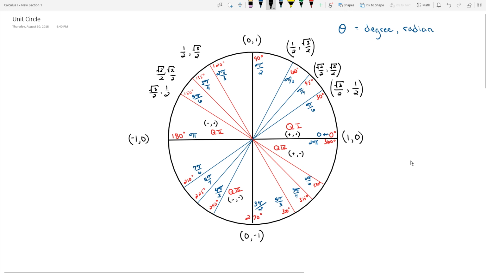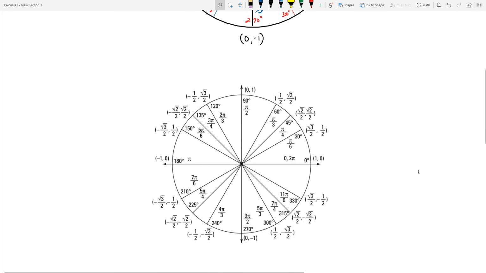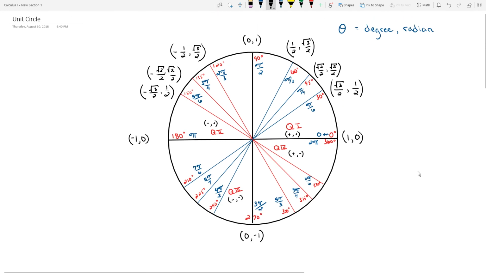So for every cosine in quadrant 2, it will need to be negative. But in quadrant 2, sine theta is positive, so we can leave those. So that is your set for quadrant 2. And then again, it's going to be the reflective from quadrant 1 to quadrant 3. So for 210 degrees, it should be square root 3 over 2 and 1/2, but they're going to be negative. So if we follow the line at 30 degrees through the circle, we end up at 210 degrees.